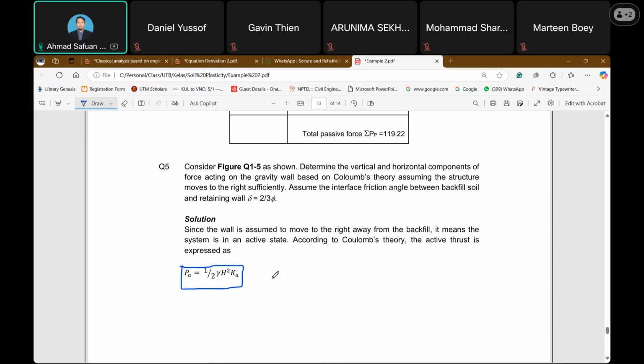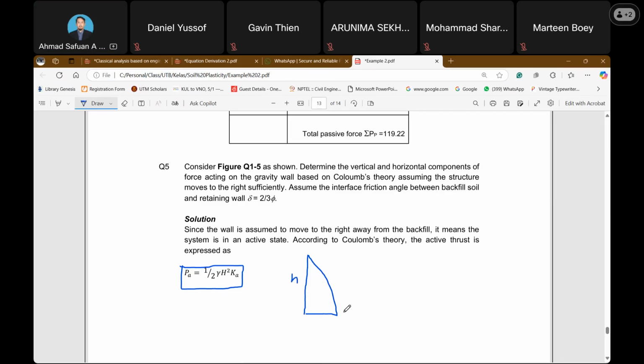So how are these equations obtained? Let's say this is the pressure distribution diagram, and this is the height.